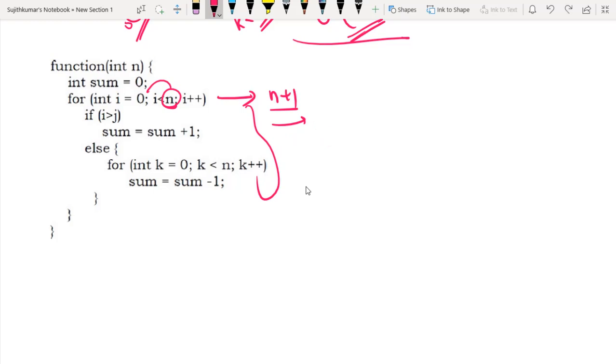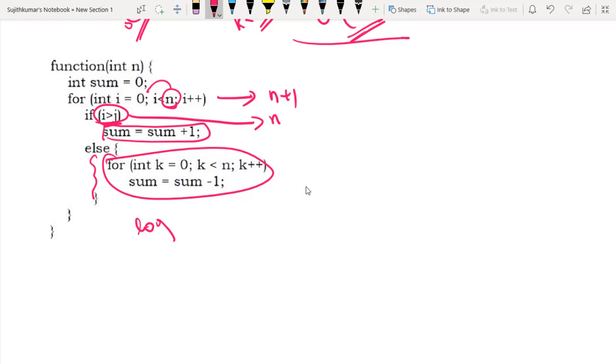Hold on. You have to just look at this condition. It will definitely be checked for n times. If it is true, it goes for a single statement. If it is false, my else block will be executed, where I have a loop.